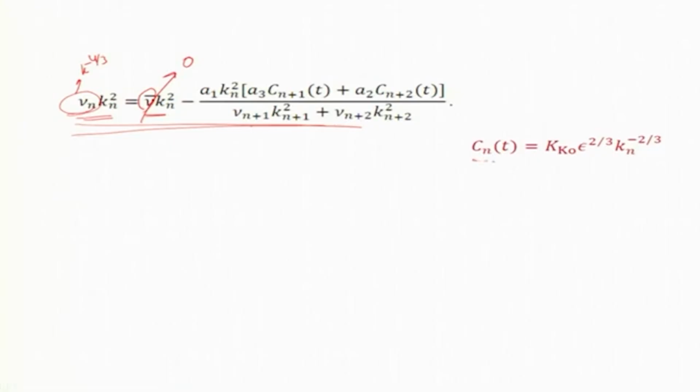So, in the correlation function I just replace the Kolmogorov spectrum, and for nu n I again use dimensional analysis and I write nu n k n squared is nu star Kolmogorov constant square root epsilon 1/3 k n to the 2/3. Okay. Nu n is k n to the minus 4/3 multiplied by k n squared is k n 2/3.